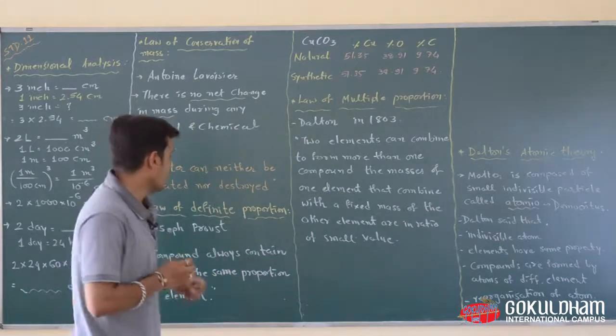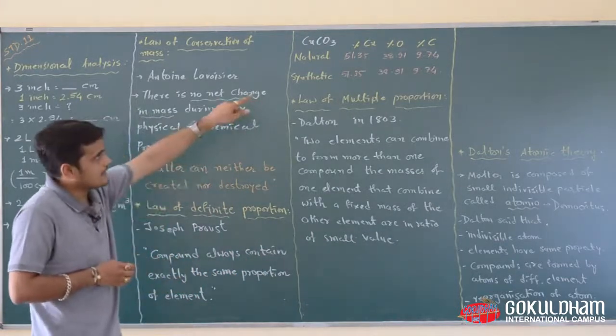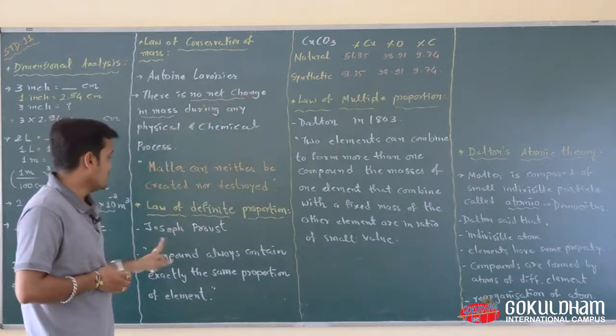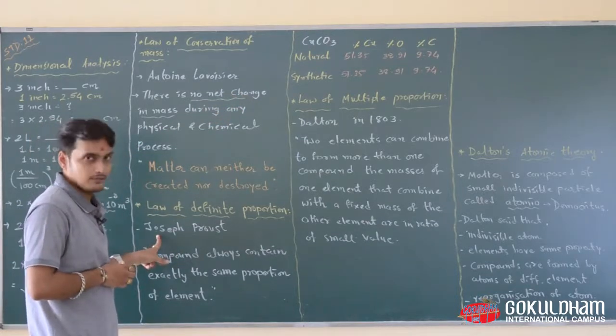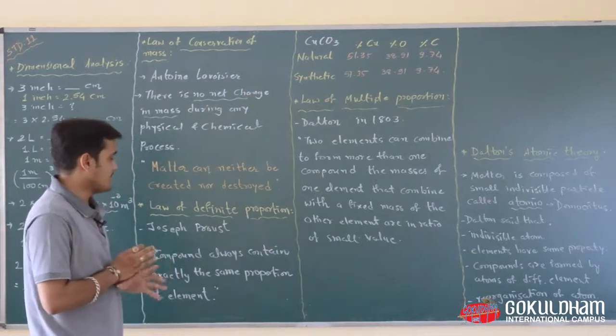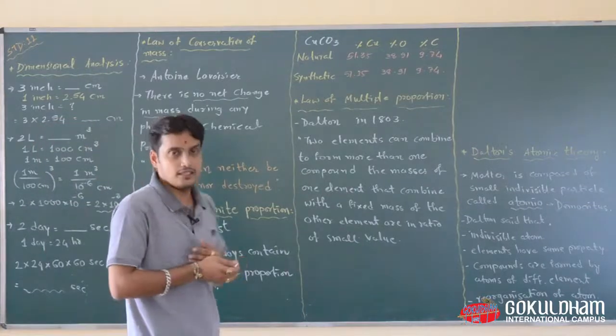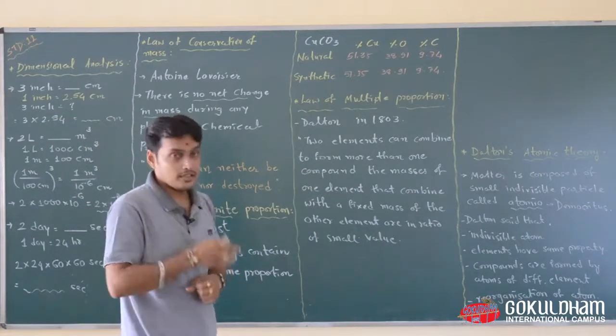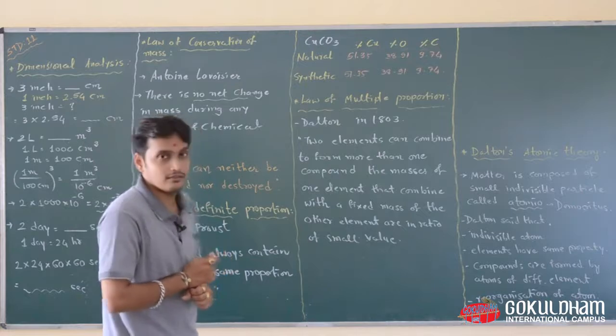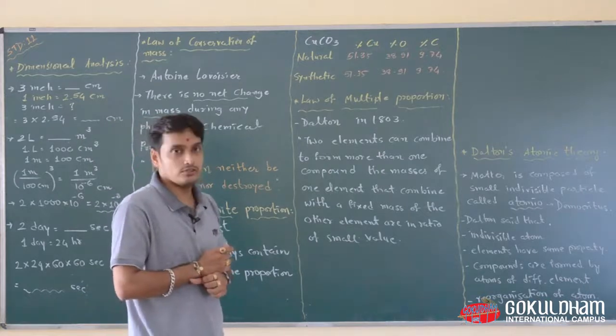So this example proves the rule of Joseph Proust, that a compound always contains exactly the same proportion of weight in natural as well as synthetic compound CuCO3.